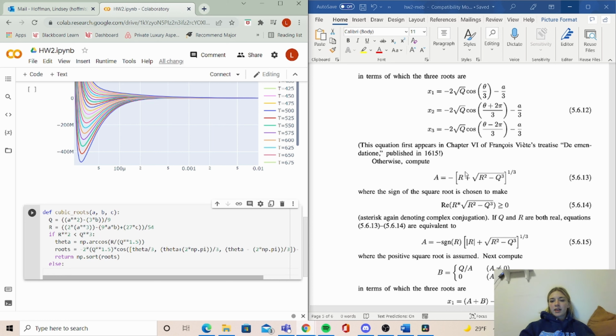So we can go ahead and write up our equation for A here. I'm just starting with everything to the 1/3 power, just so we don't forget that.